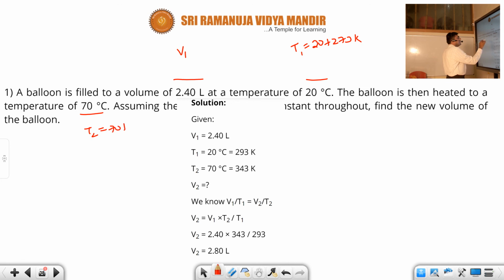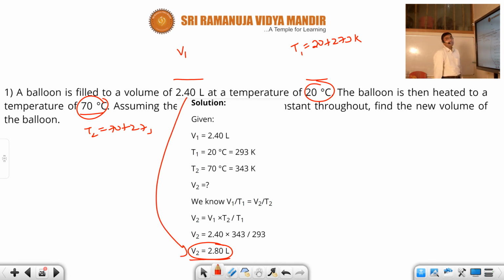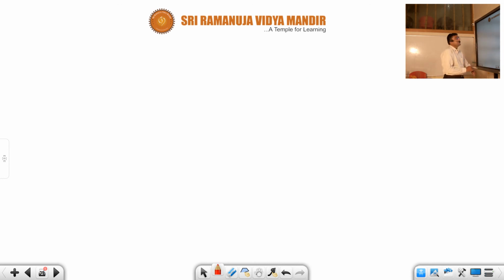T2 is equal to 70 plus 273, and find out the new volume. Same thing, 2.84 liters. Students, try to understand. The initial temperature is 20, the final temperature is 70. Naturally the volume should increase, so the volume is increased from 2.4 to 2.8. So this is how you can very wonderfully solve the questions associated with Charles' law.